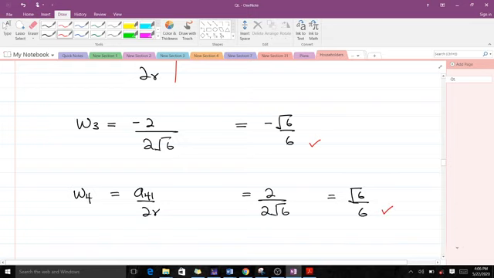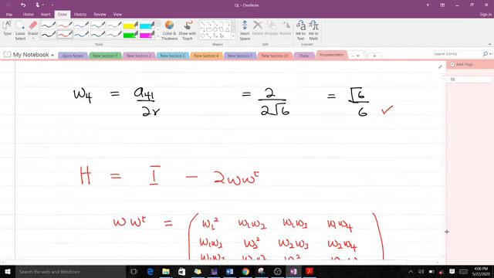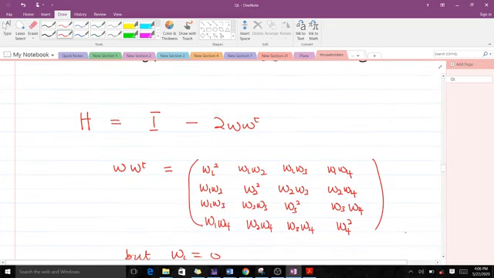So that means we have our values for alpha, r, and w's, right? So we can form our matrices. We have our H equal to I minus 2 omega omega, or ww transpose. To find ww transpose, we know ww transpose is given by this matrix here.